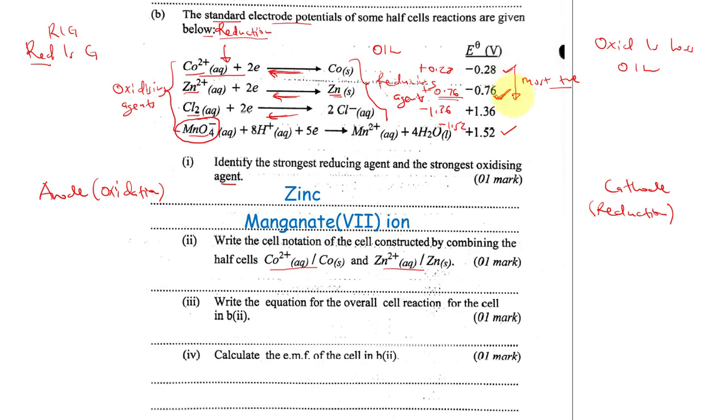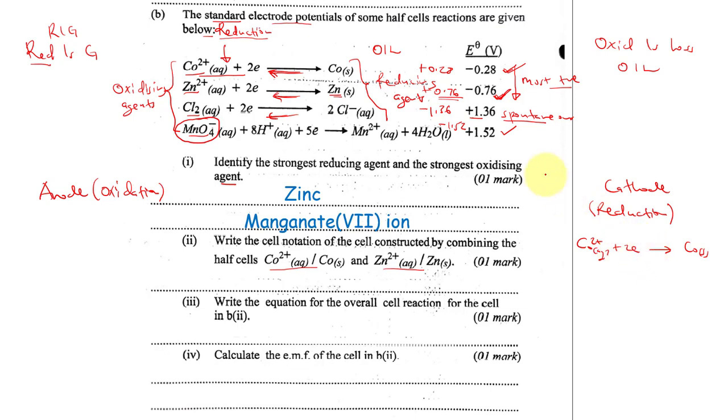Which one is the most positive? Because we said the most positive means the forward reaction is spontaneous. So the one that is most positive or less negative will be the most spontaneous. So on these two, the most positive is cobalt. So in this case, cobalt is going to gain electrons, and therefore we shall have cobalt 2 ions aqueous picking 2 electrons, because reduction is gain, and then becoming cobalt solid.